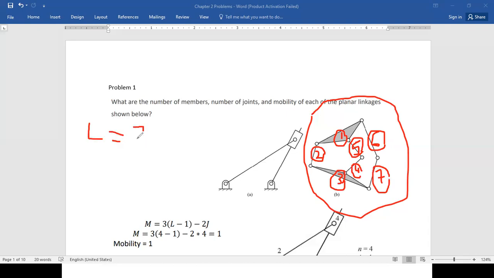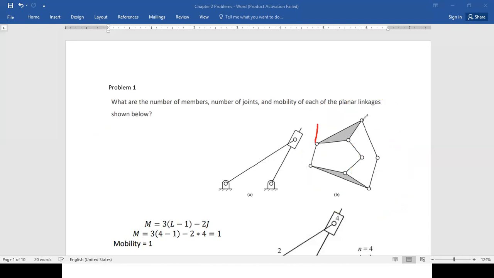Now, concerning the number of joints, all of these joints are of revolute type. So I can count them. This is 1. Here you have a multiple joint. Sorry, this is not a multiple joint, it just relates 2 links. So this is also 1. Please pay attention. Don't confuse, if you look here, you have 3 lines.